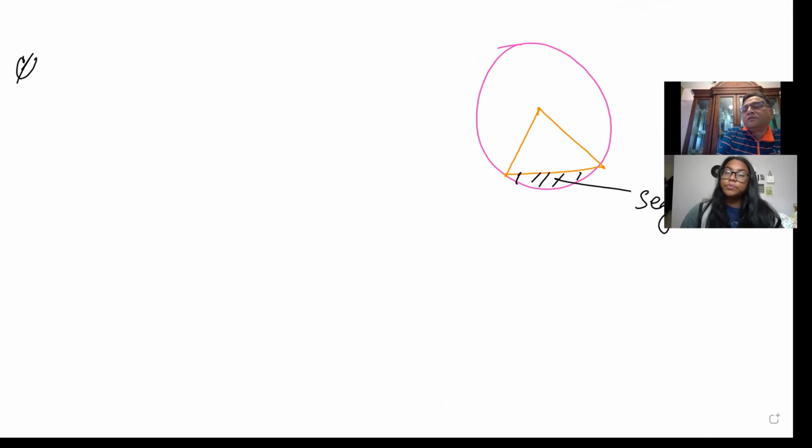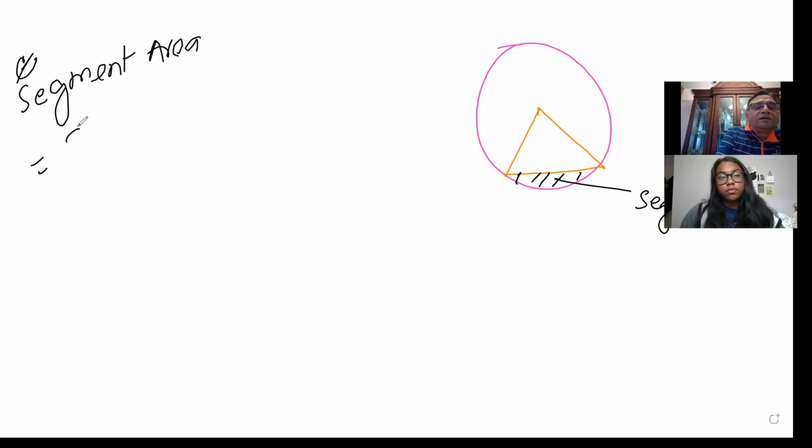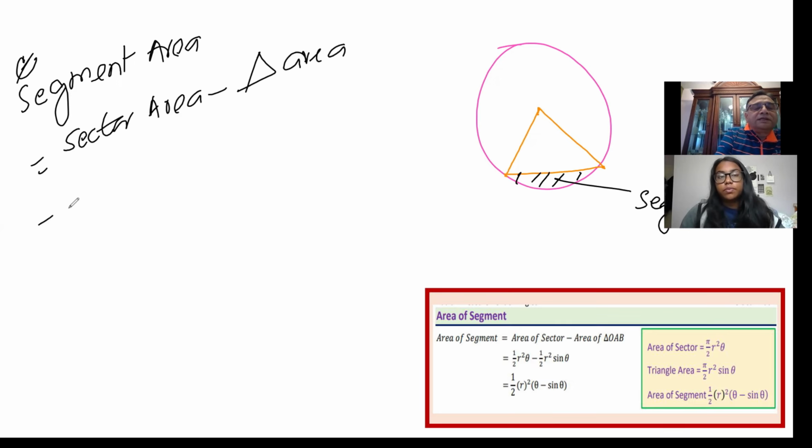So we'll say segment area equals sector area, take away triangle area. Sector area is half r square theta, if this angle is theta. And the triangle area we just derived is half r square sine theta.